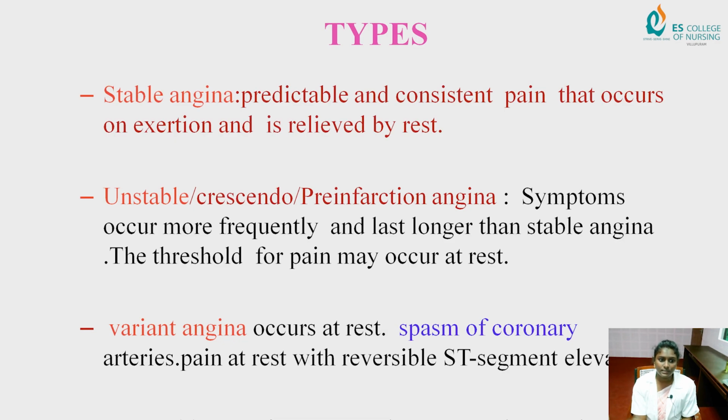Its symptoms occur more frequently and last longer than stable angina, and the threshold for pain may occur at rest. Variant angina occurs at rest because of spasms of the coronary artery. Once the coronary artery narrows, it creates pain at rest, with reversible ST segment elevation.